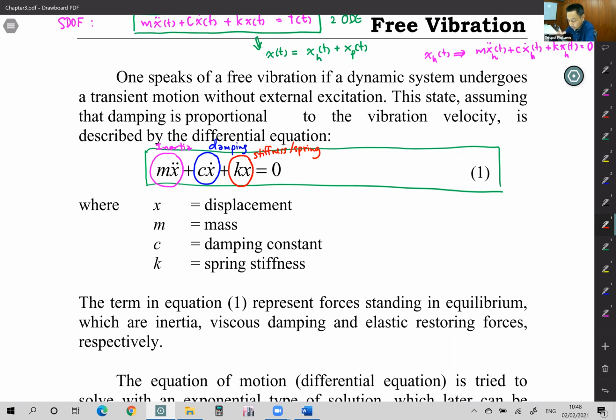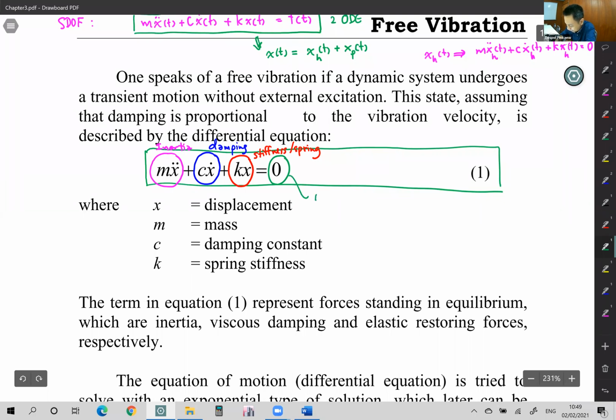But the first term is mainly about the inertia. The second term is about the damping. In fact, the summation of these three terms needs to be equal to the right-hand side.